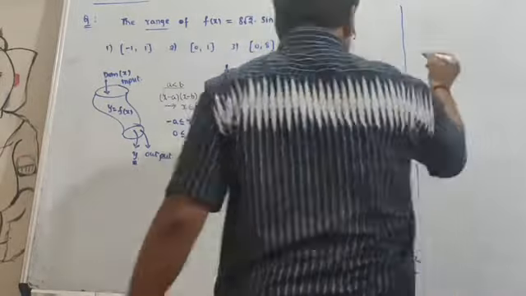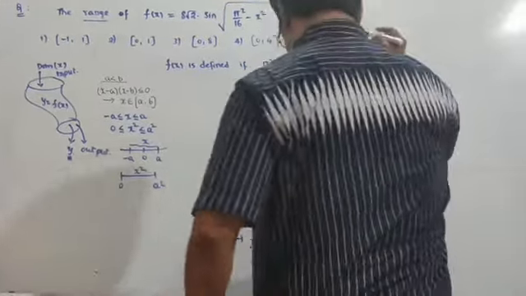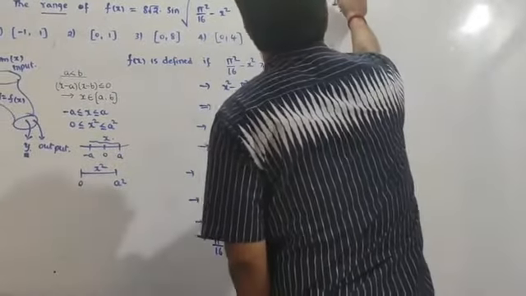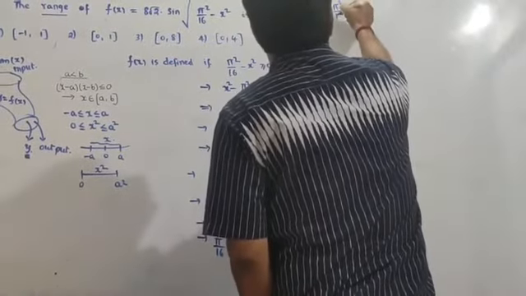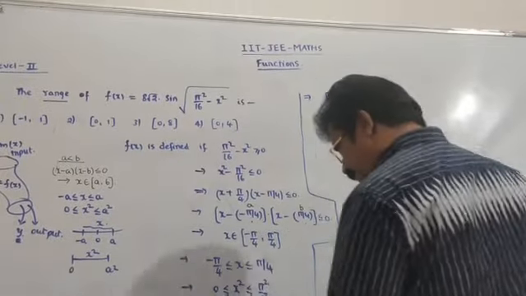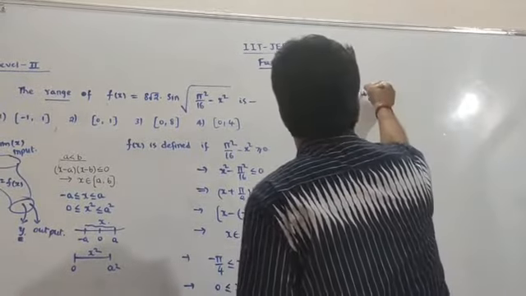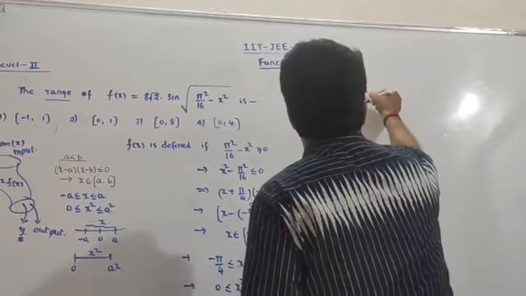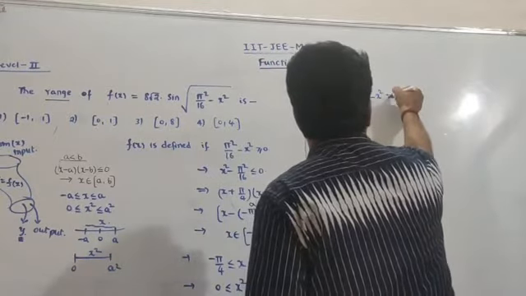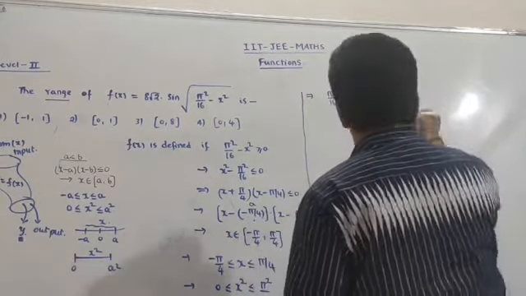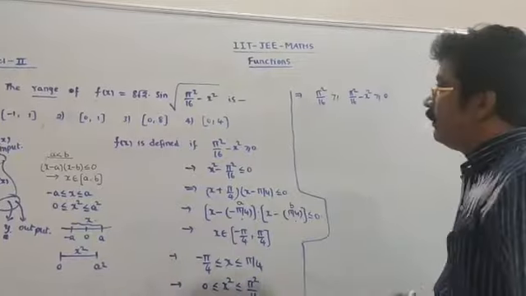That implies pi square by 16 greater than or equal to pi square by 16 minus x square greater than or equal to 0.